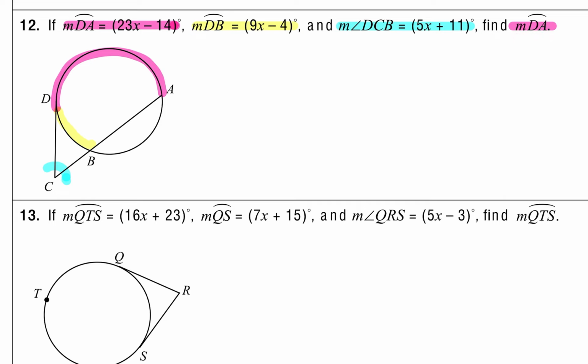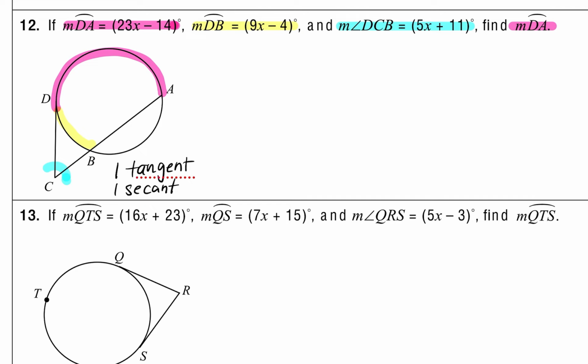All right, let's go. First of all, I want to identify that this is one tangent line, line DC, and one secant line, line AC. Okay.